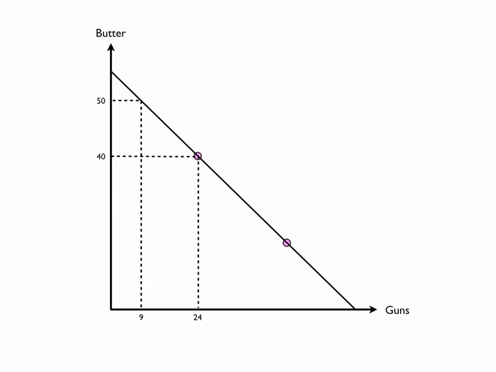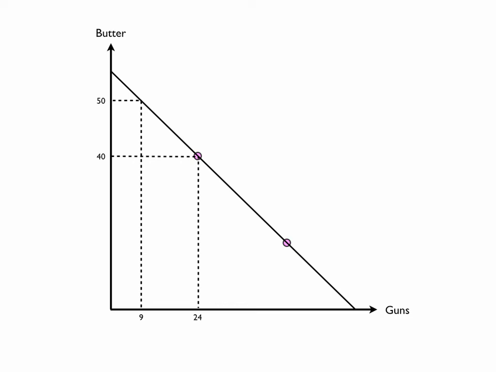Now there might be a problem with looking at this constant change along this line. And the reason for that is what this is implying is that there's a constant cost to shifting resources from making butter to guns, no matter where we are on the line. So for example, if we were at the intercept on the butter axis up at the very top above 50, and we wanted to produce, say, 10 guns, or say 15 guns, we would give up 10 units of butter.